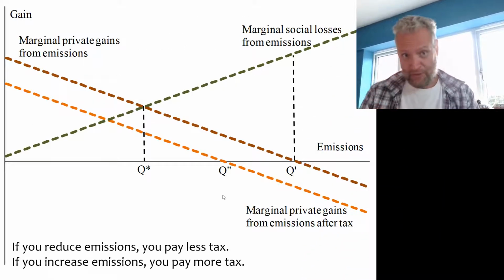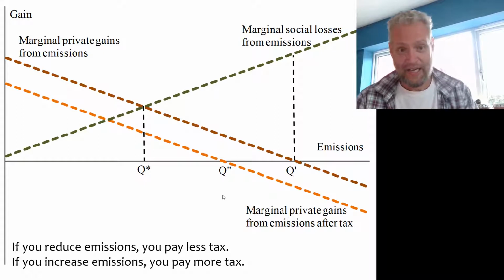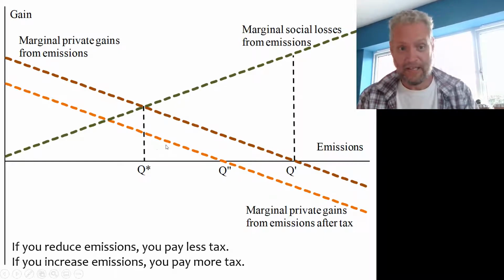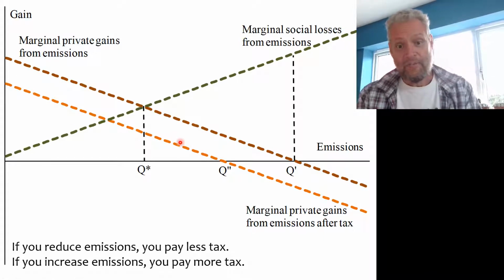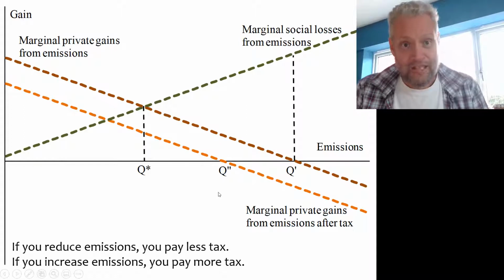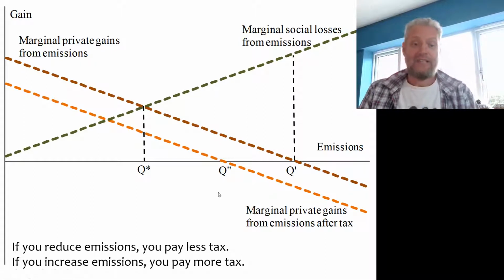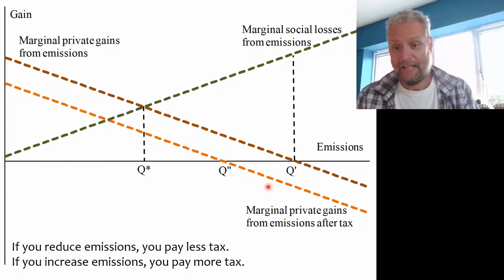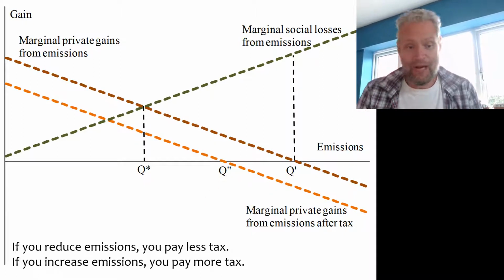Let's return to the graph we looked at for taxes. The dark brown line is the private gains without taxation, and the light brown line is the same curve with taxes. Essentially, the tax pushes the private gains down, and that means that your emissions fall from Q prime to Q double prime.